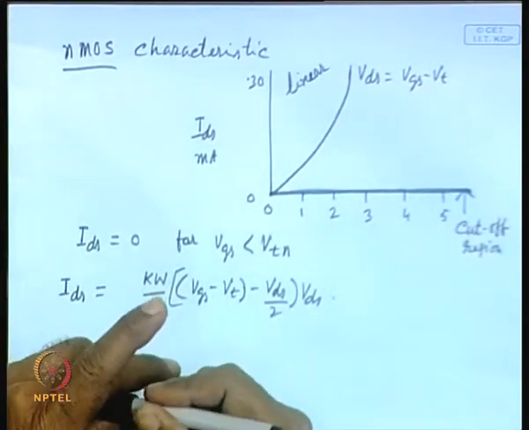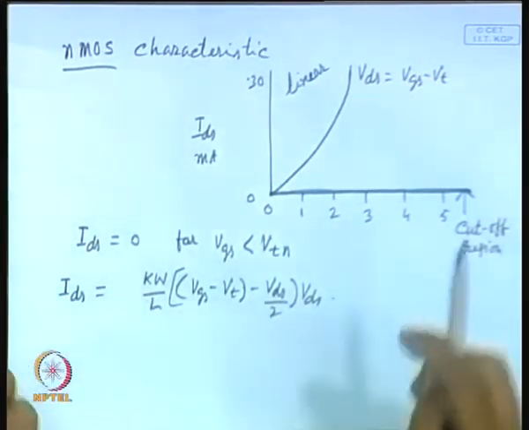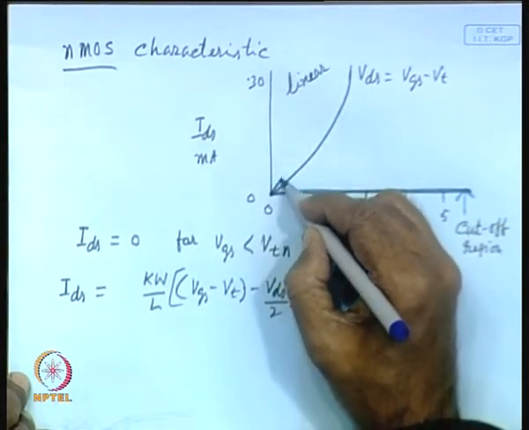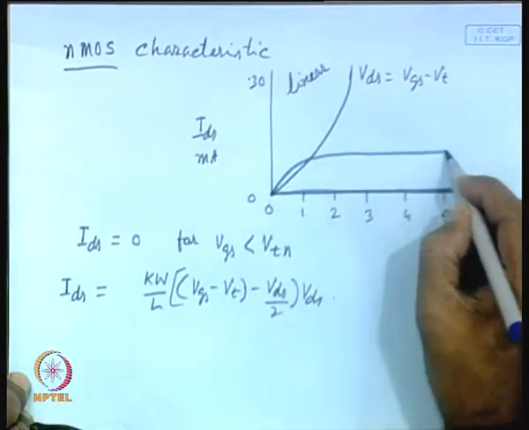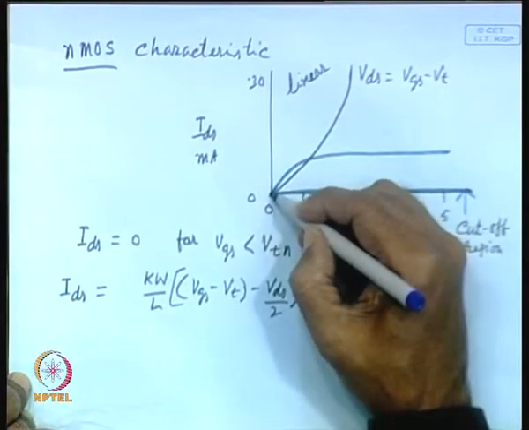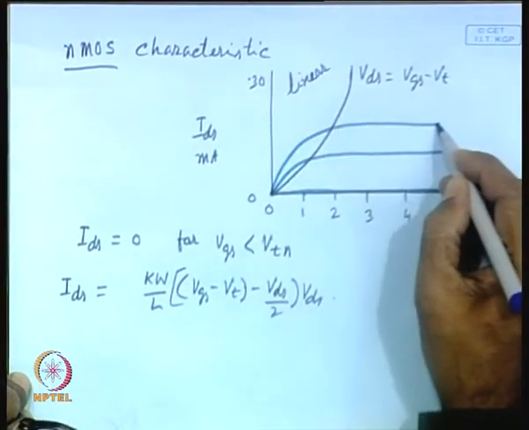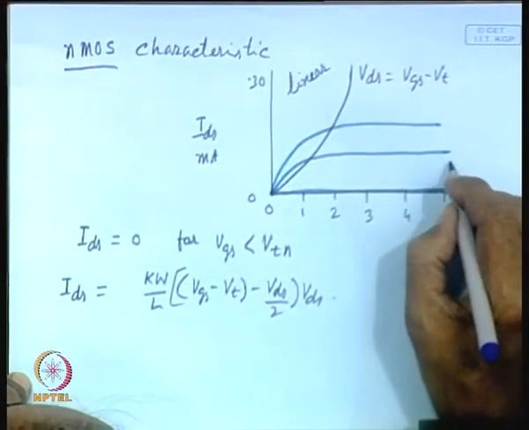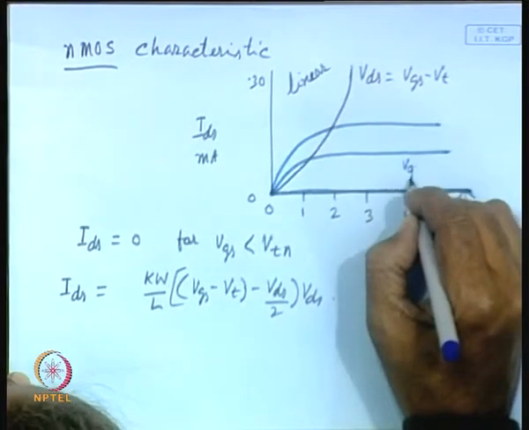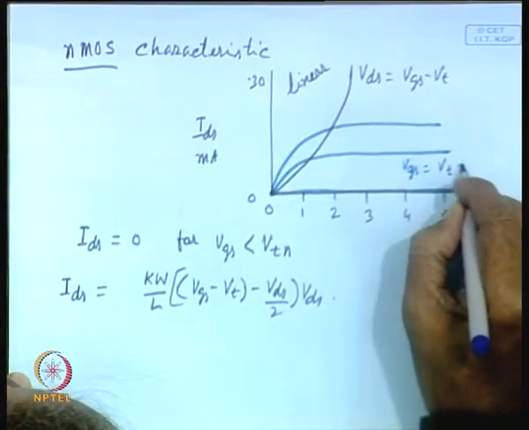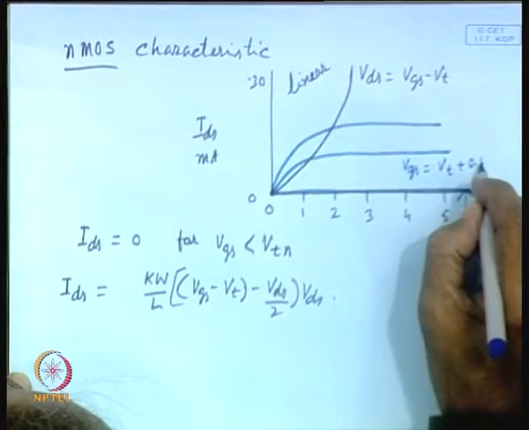So, obviously, there will be different curves for different gate voltages. This corresponds to let us assume VGS is equal to VT plus 0.5 volt.